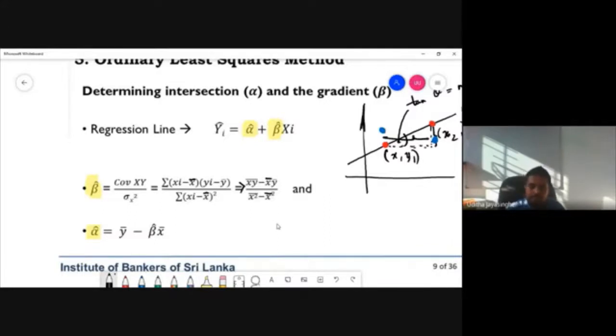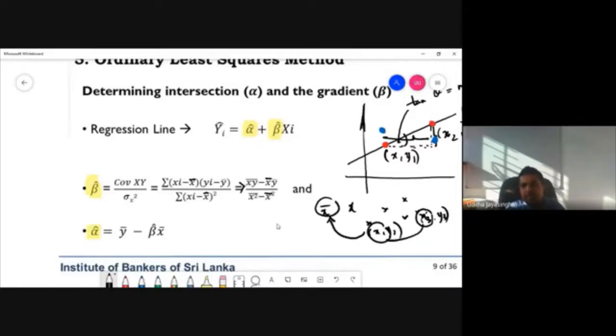Now, for instance, what is this x bar? This x bar is going to be the average of the individual x variables. You have data points like this: this is x1, y1, this is x3 and y3. These x1s and x3s are going to help calculate this x bar.